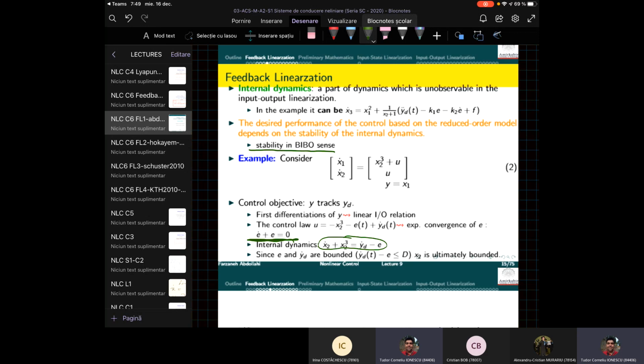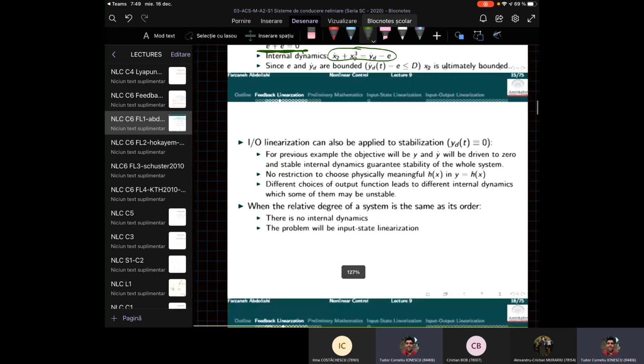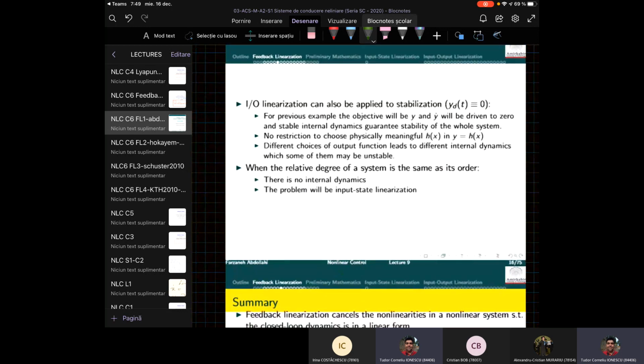Since e and yd dot are bounded, x2 is also bounded. Then the system is stable because the whole trajectory is stable, not only the equilibrium point like we were discussing until now. So this is input-output stability in the classic sense. We recover the classic notion of stability.